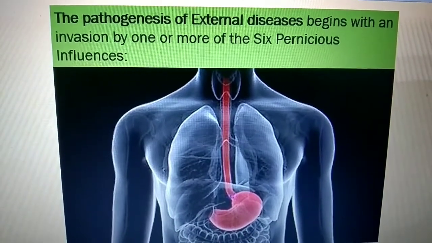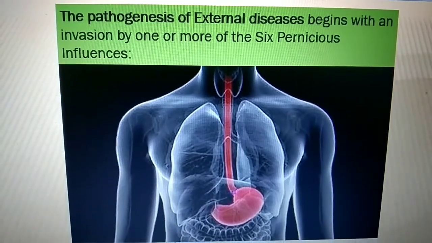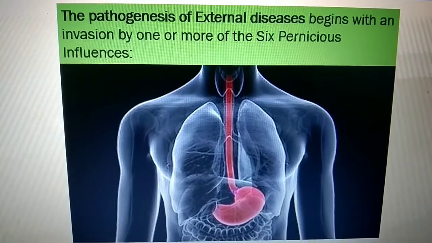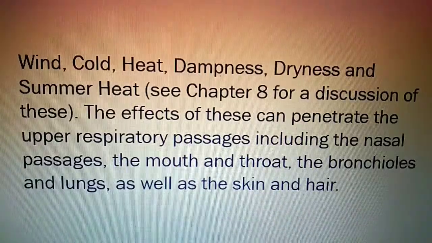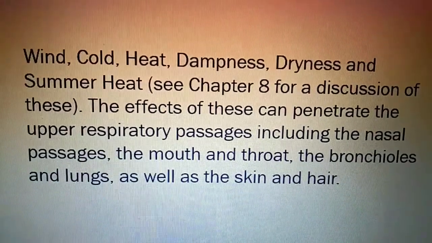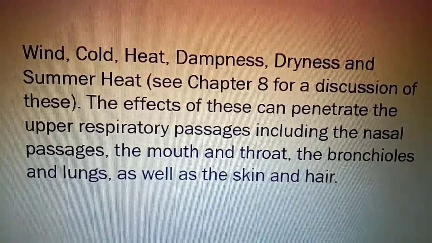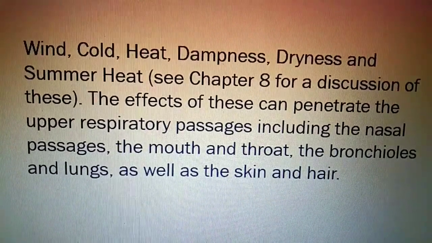The pathogenesis of external diseases begins with an invasion by one or more of the six pernicious influences: wind, cold, heat, dampness, dryness, and summer heat. See Chapter 8 for a discussion of this.